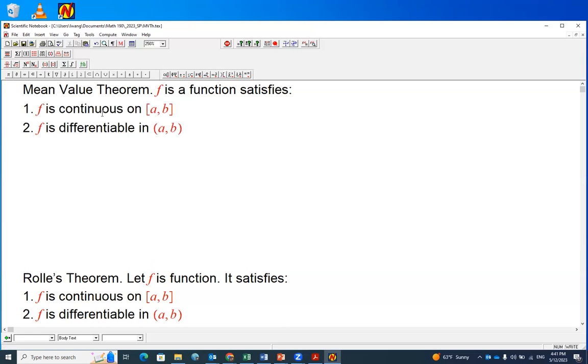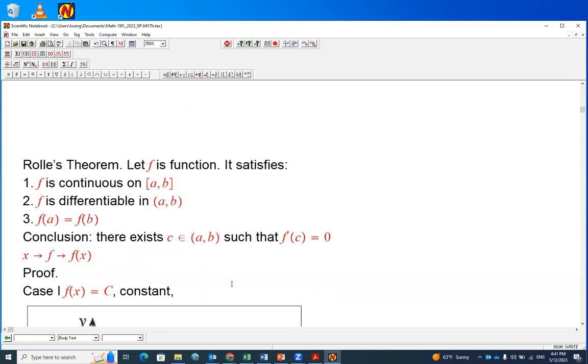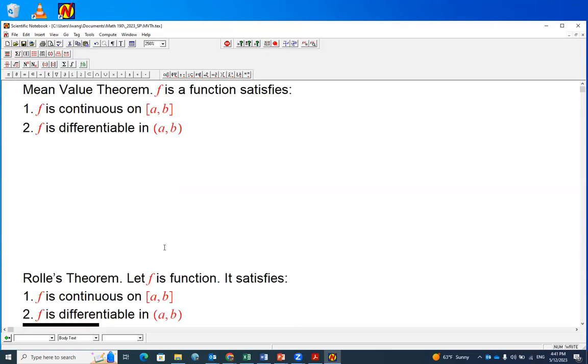So for simplicity, I would just copy and paste here, so that it's easier for us to know how many conditions there are. It's just the first two conditions without the third one. The premises do not include the third one, so we don't need it.